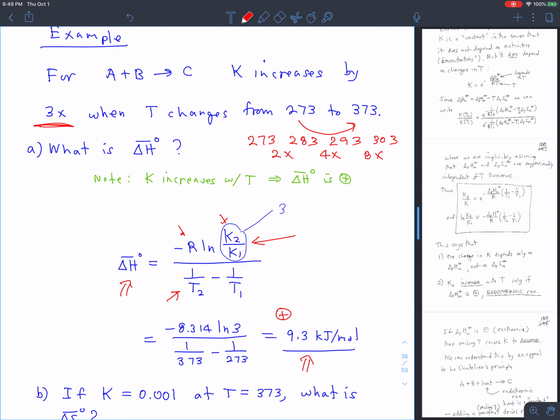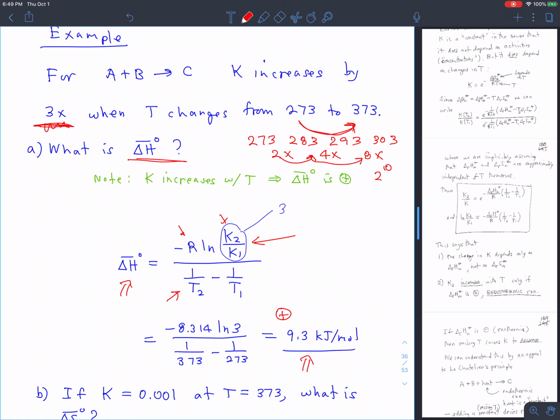So you can see that this 100-degree rise, which is 10 steps of 10 degrees each, should have gotten us a factor of 2 to the 10th in the equilibrium constant. I don't even know what that is, but it's big. And so this 3x is way too small for the rule of thumb to be applying.